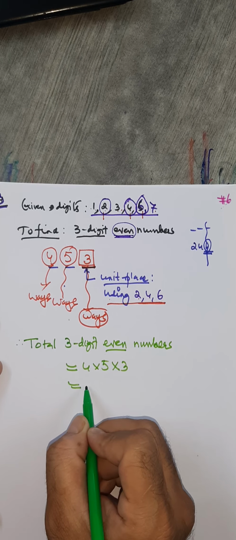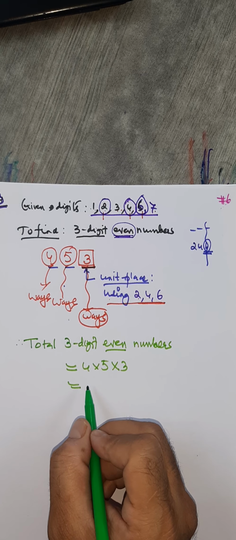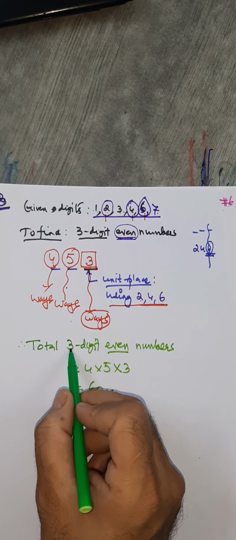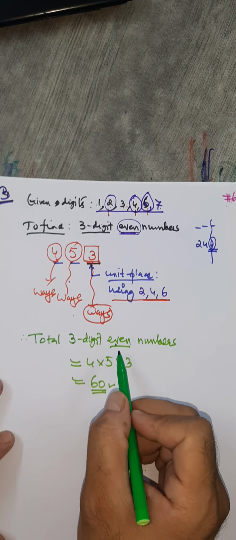So it would be how much? 20 into 3, so it becomes 60. So there are 60 3-digit even numbers, remember.